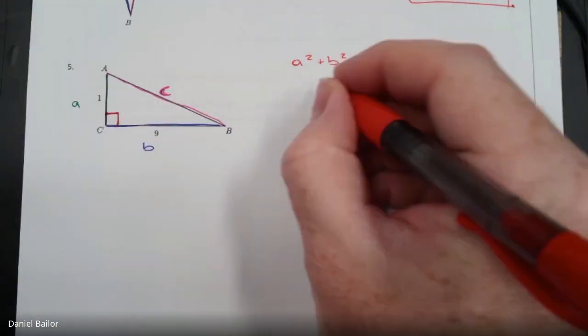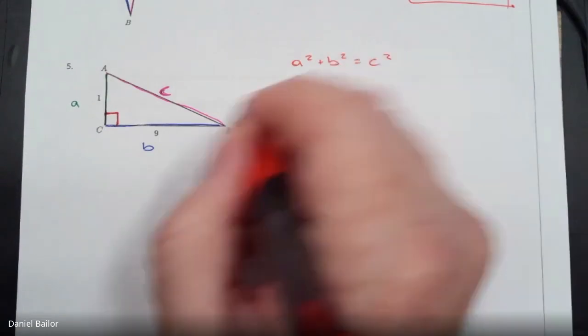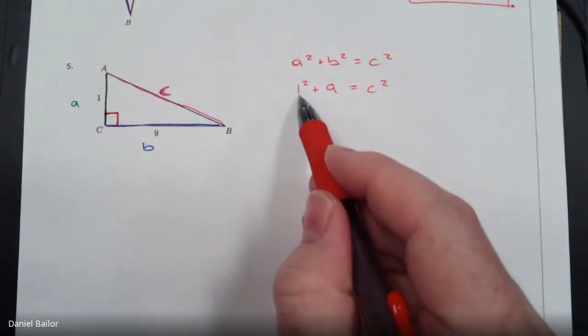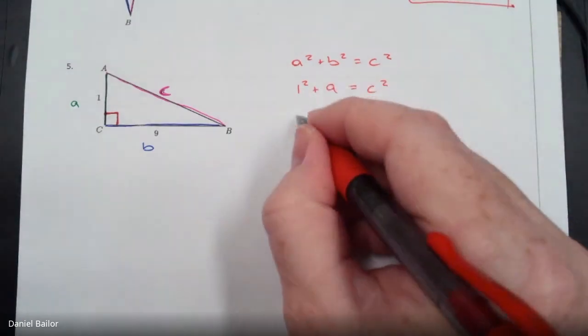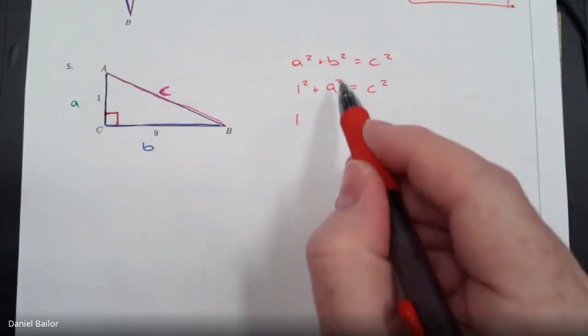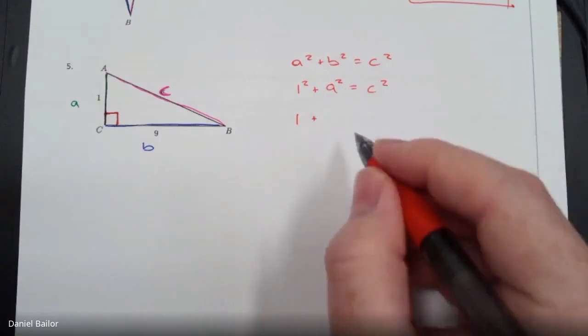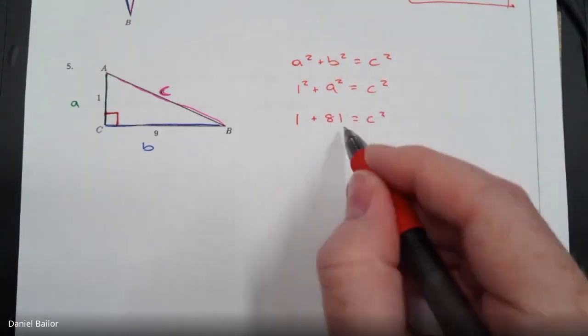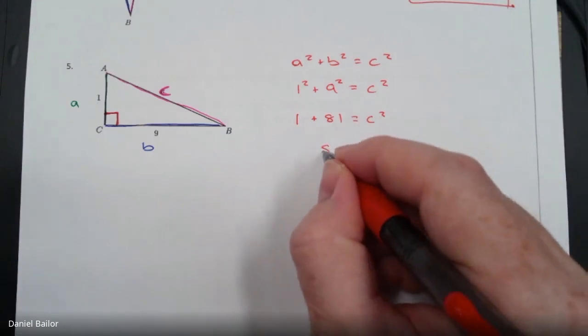A this time is 1. B this time is 9, and C is still missing. Well, 1 squared is 1 times 1, so that's 1. 9 squared is 9 times 9, so that's 81 equals C squared. 1 plus 81 is 82.